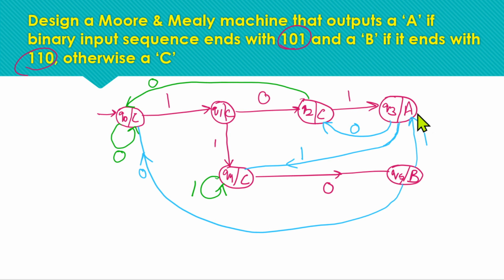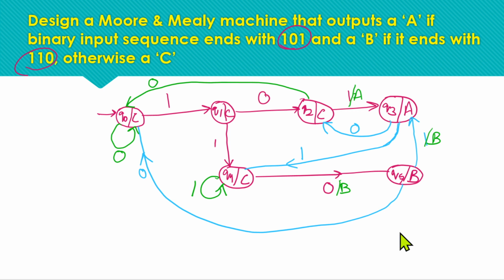For all incoming transitions to q3 we will mark the output as A, and all incoming to q5 will have the output B. We have only one incoming to q5, so it has the output B, and we can remove the output from the states and just mark the output over the transitions, and the Mealy machine is ready.